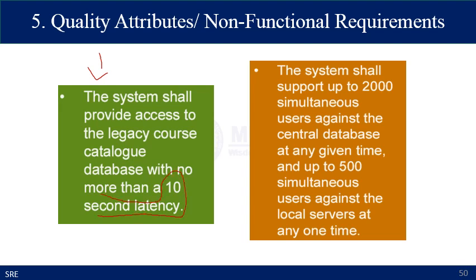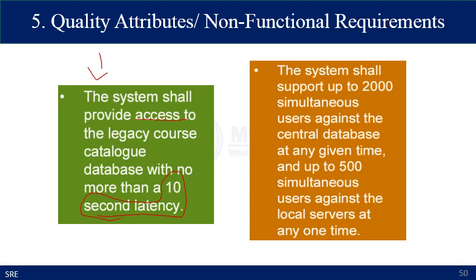That means it is a measurable non-functional requirement that whenever you query your database system, it should provide you a response within 10 seconds. And if every time it provides you a response within 10 seconds, you can assume that your system provides this attribute or non-functional requirement. So it is referred to as accessibility of your system.